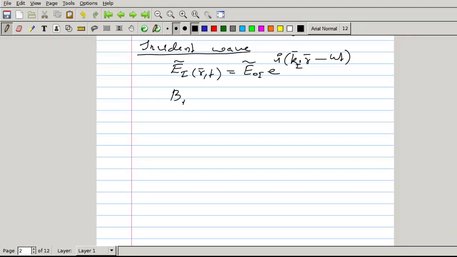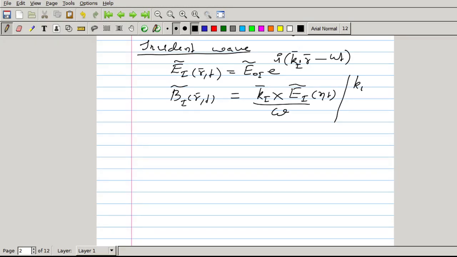So B_I(r,t) is K_I cross E_I(r,t) by omega. This is the expression for the magnetic field associated with the incident wave.